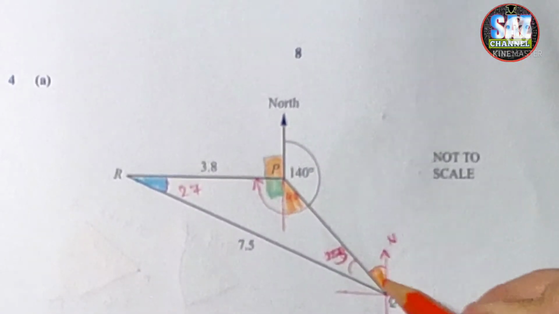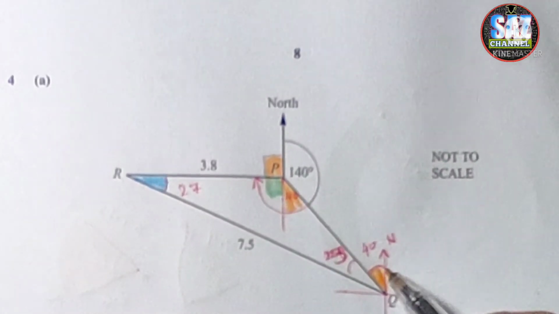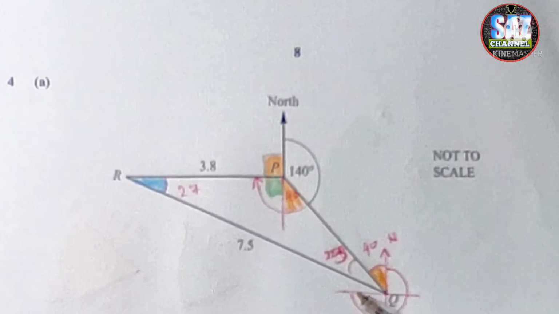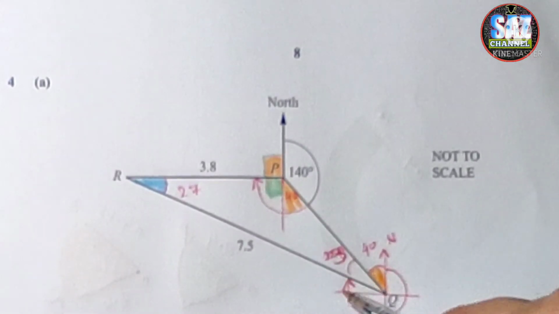This is a 40 degree angle. Now the second thing is that we have to find the bearing of R from Q. So I have to start the movement from this point, R from Q, and I have to stop at this place.